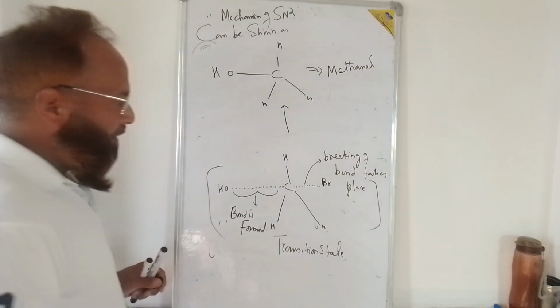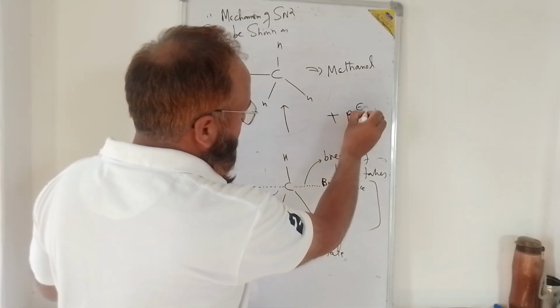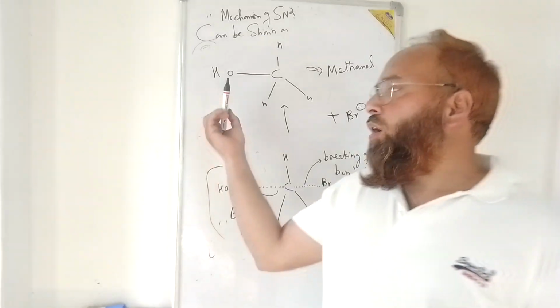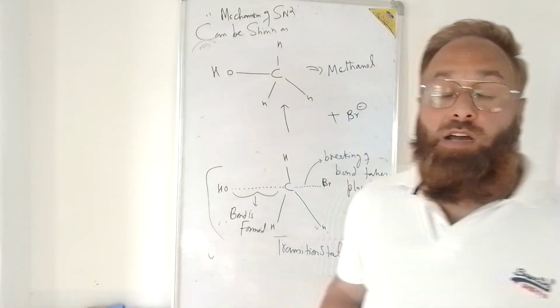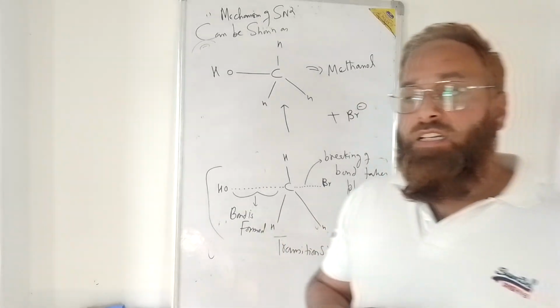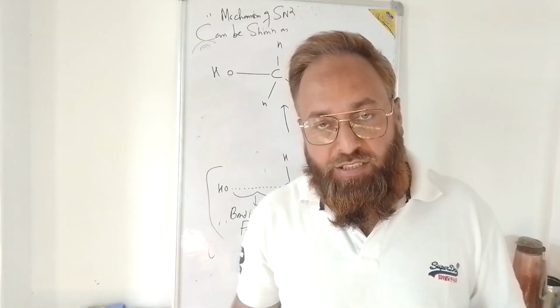Now you will see here Br removes. Br was a weaker nucleophile that gets replaced by OH, but OH comes through the back side, then product is formed. First of all, you have just defined here transition states. The reactions which show transition state are also known as concerted reactions.